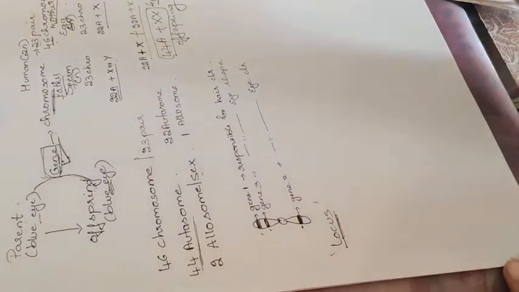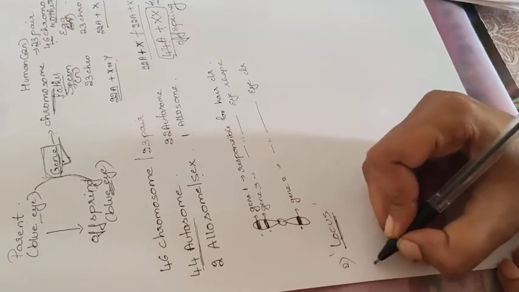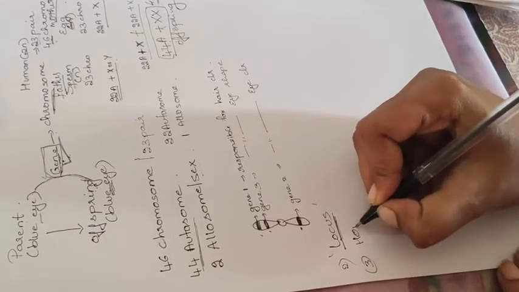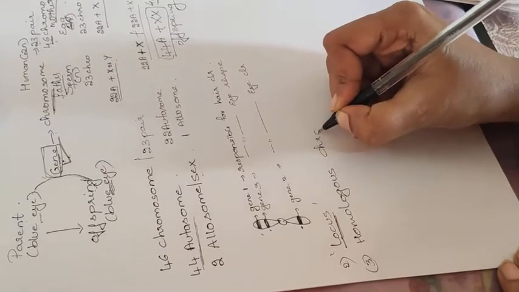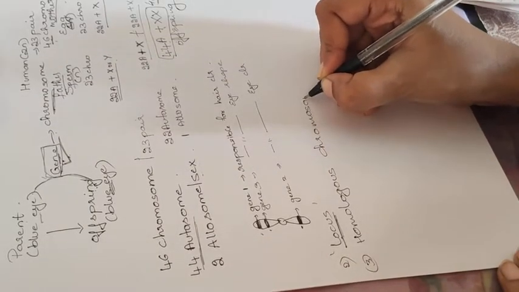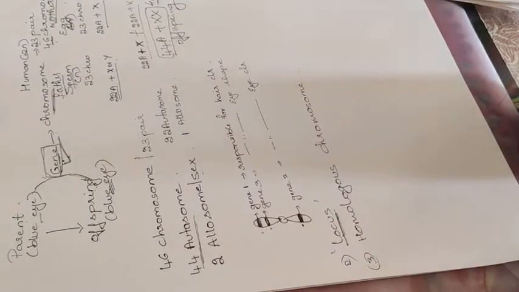Now, let us see what a homologous chromosome is. I told you chromosomes always exist in pairs.